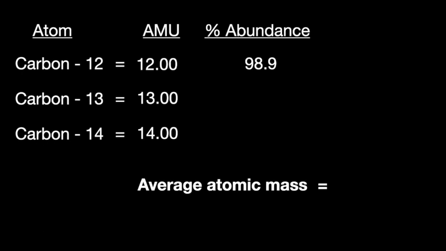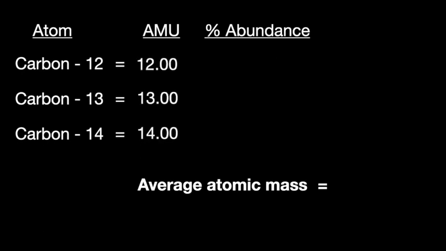So it should account for 98.9% of the average. Carbon-13 makes up 1% of all carbon, so it should account for 1% of the average. Carbon-14 makes up only 0.1% of all carbon, so it should account for only 0.1% of the average.